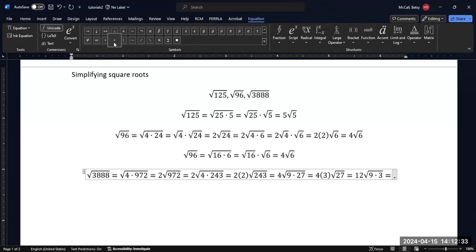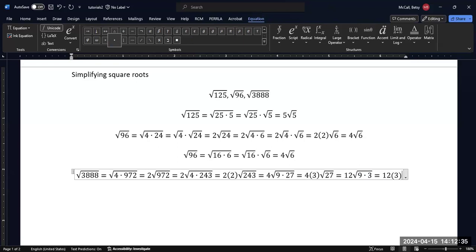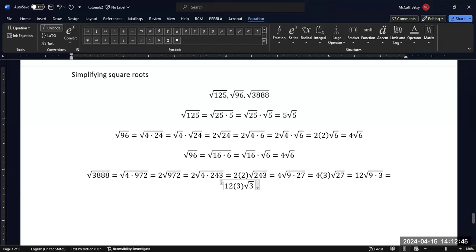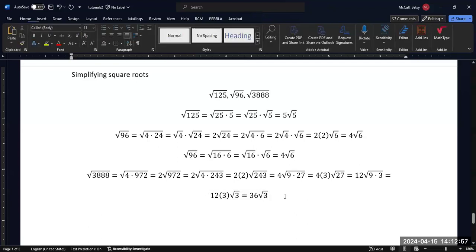And so I'm going to get another 3 to come out. And so that's going to leave me with 36 times the square root of 3.